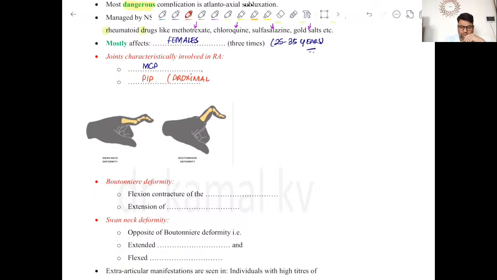There is no involvement of DIP, which you have to remember. No DIP involvement in the disease process.